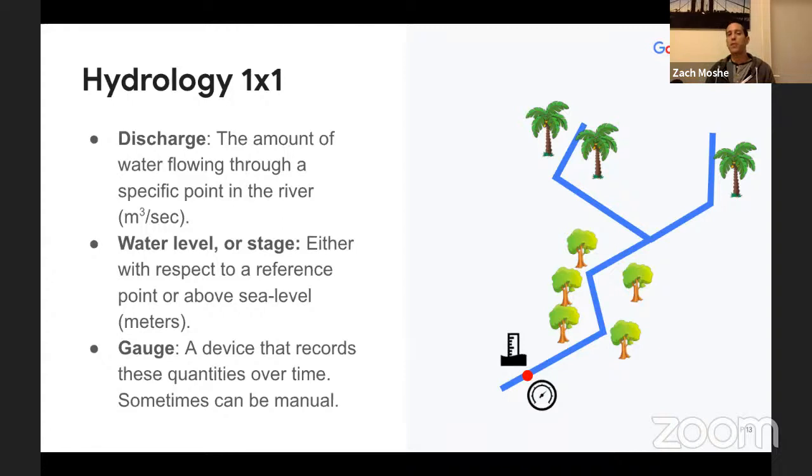Discharge is much more sophisticated to measure, mainly because you cannot really accumulate the volume of water that runs through a river that, for example, the Brahmaputra River in India is huge. So in its downstream stations, we talk about a river that can get to 20 kilometers wide, okay?